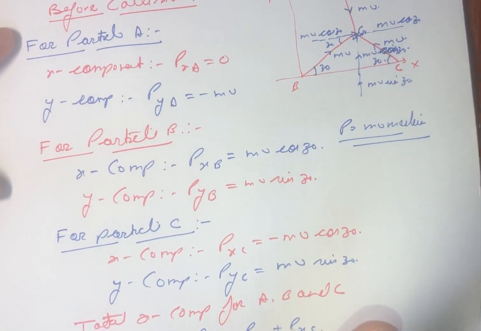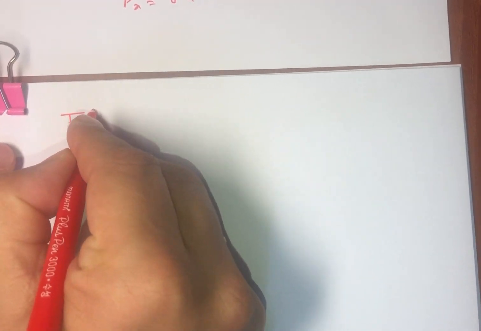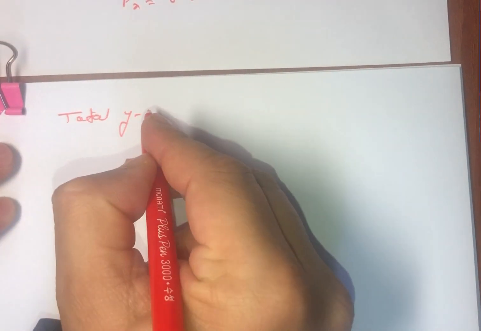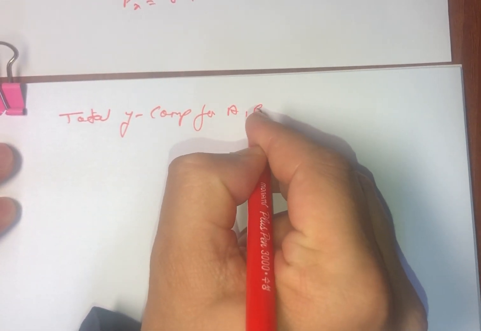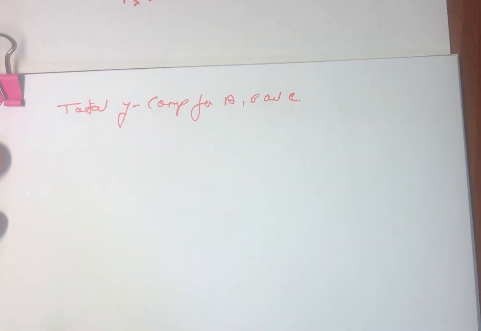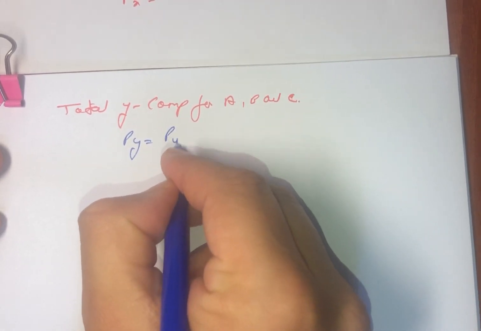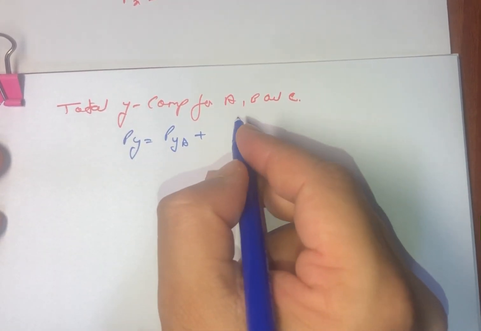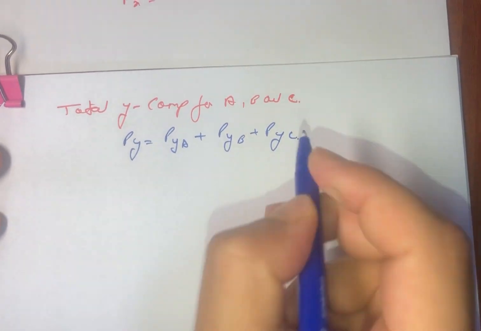And similarly, we can write the total y component for A, B and C. We can write that Py is equal to Pya plus Pyb plus Pyc.